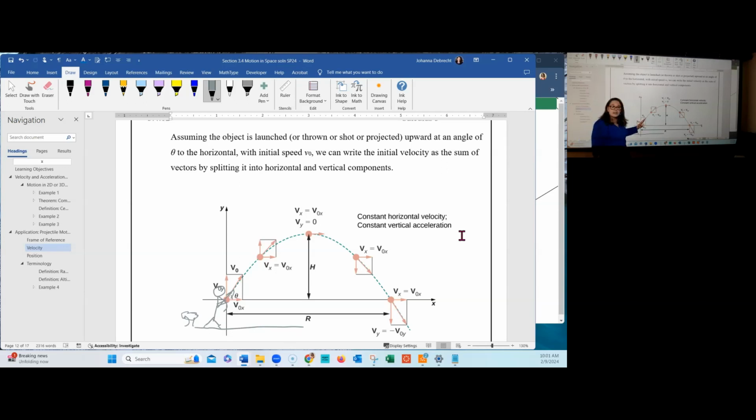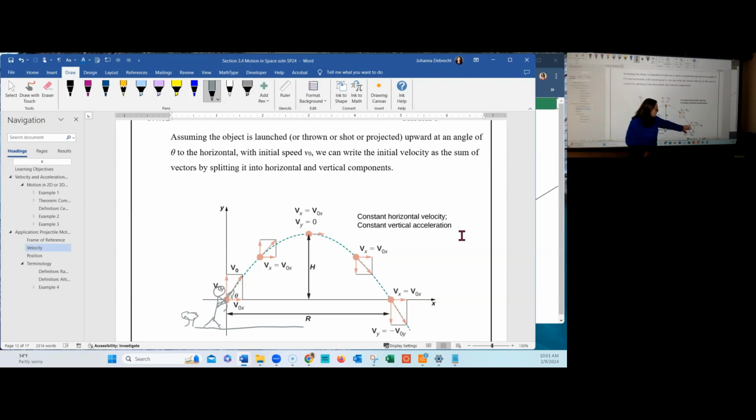But the velocity in the y direction is changing. We have an initial velocity in the y direction, v naught y, here at our origin. But as it travels, gravity is pulling it down. So v y, the velocity in the y direction, is decreasing as we follow this path.